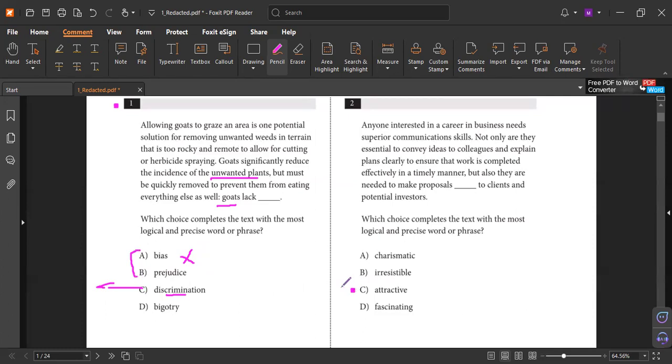Do you have any evidence? If you mention here that they are needed to make proposals attractive. So what makes the proposals attractive to clients and the potential investors? Need to make a proposal.